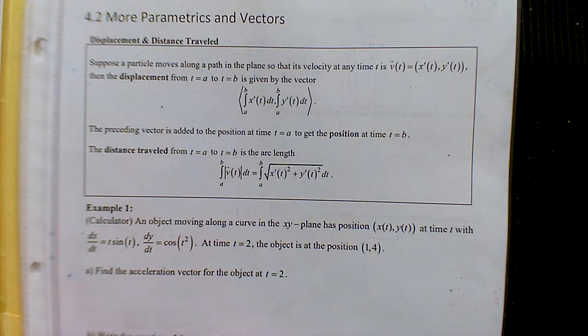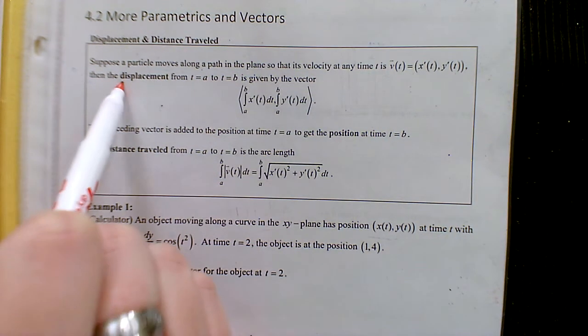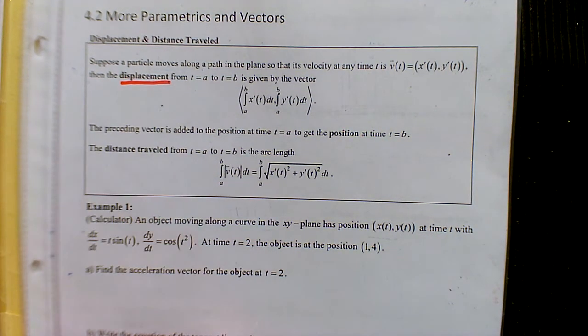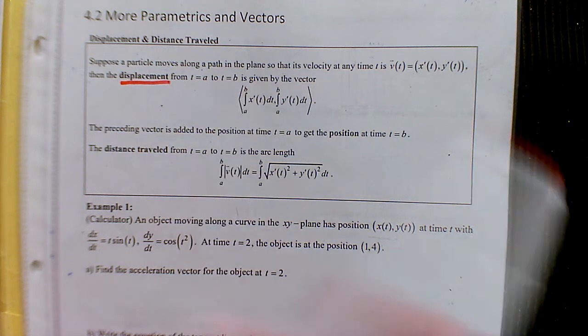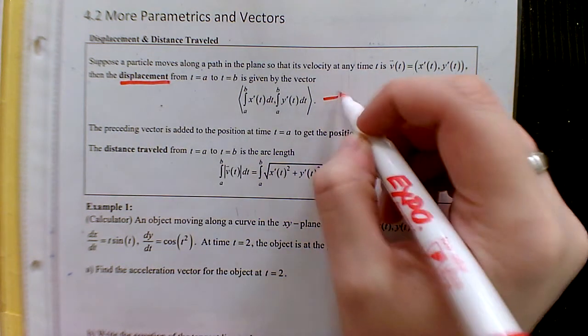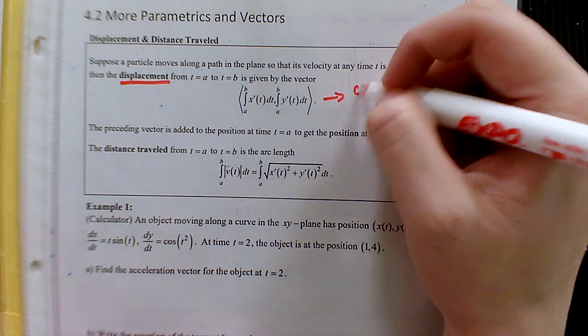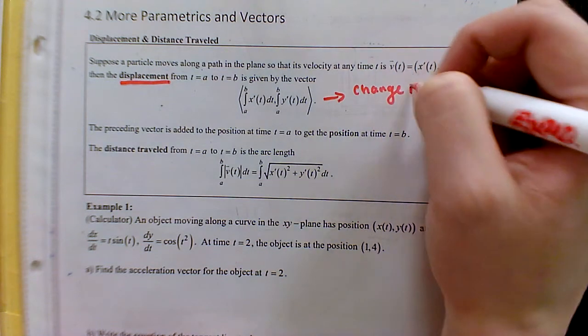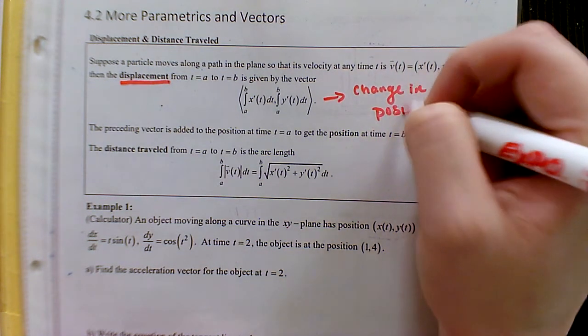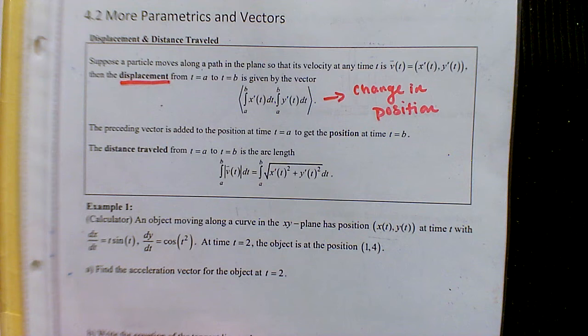But it's not your position exactly, it's your displacement. Kind of how much you've traveled on this time interval, whatever it is. So this isn't your position exactly, it's your change in position. Specifically your change in x coordinate and then your change in y coordinate.